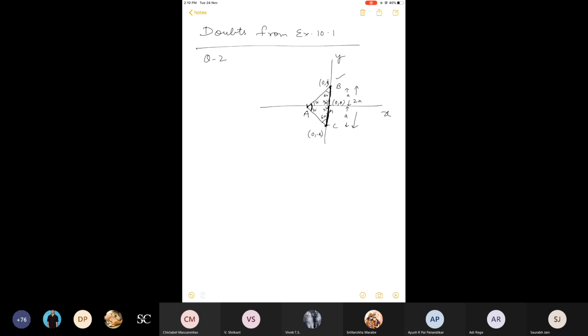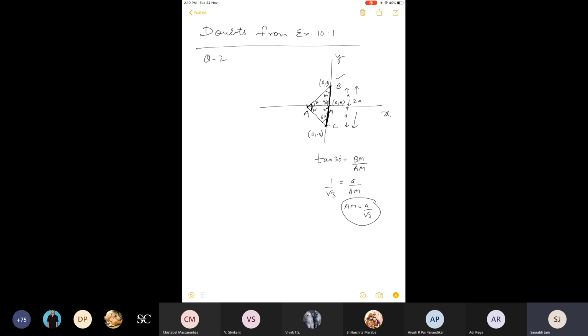So what I can do, I will use tan 30 degrees. Tan 30 degrees is BM upon AM. Tan 30 is 1 by root 3. BM length is a. So AM length will come out to be a root 3. This is the length. Okay.